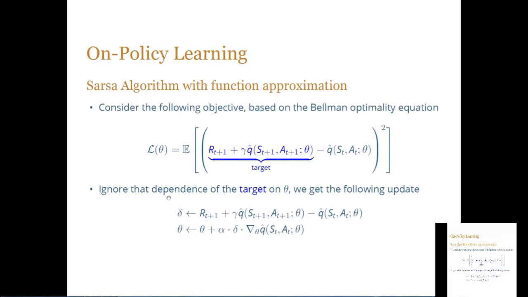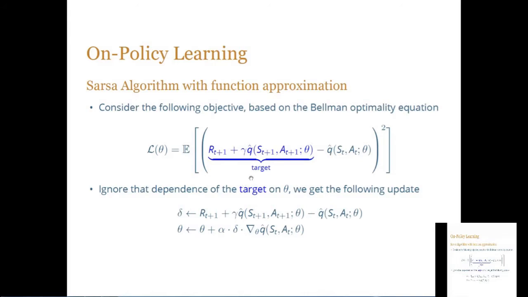Because we are ignoring the dependence of the target on our parameters theta. People also try to optimize the parameters of this target, but this is not very natural because you want the information to flow backwards. So you cannot update your target based on your parameters. So we consider this fixed, and this is going to be our target.